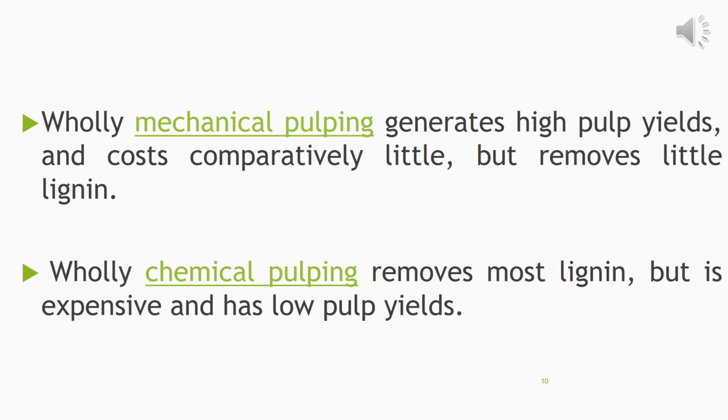On cost, mechanical pulping is commercially cheap and chemical pulping is expensive. On the amount of lignin removed, mechanical pulping removes little lignin, while chemical pulping removes most of it. So the choice will be ours, which type of pulping we shall use.